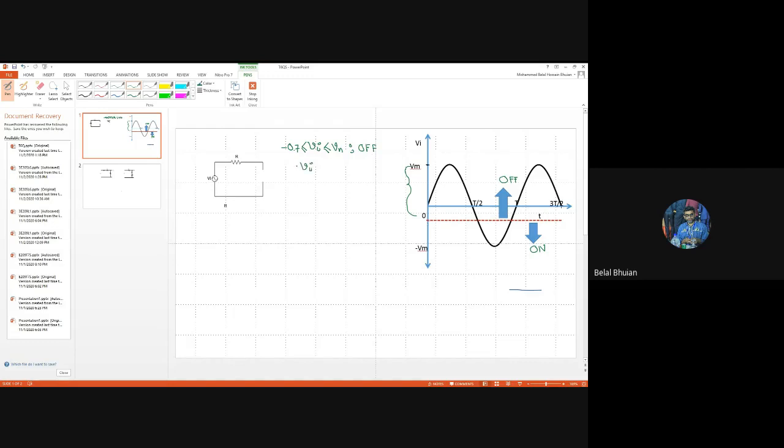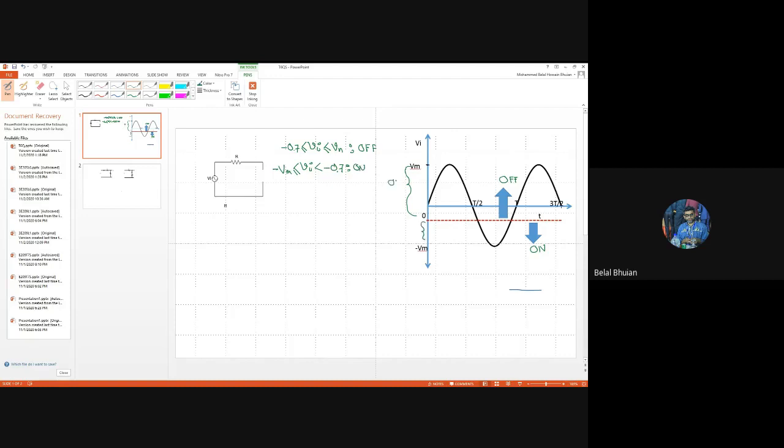On the other hand, I can write Vi greater than or equal to minus VM but less than minus 0.7, that is on. So this is the range.